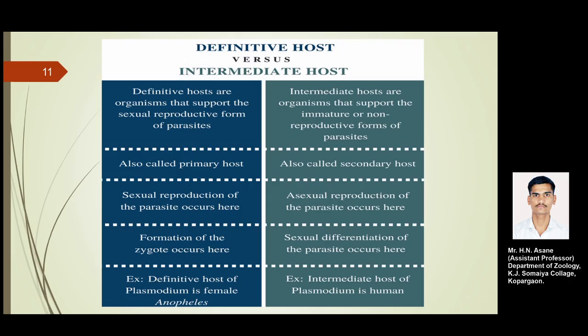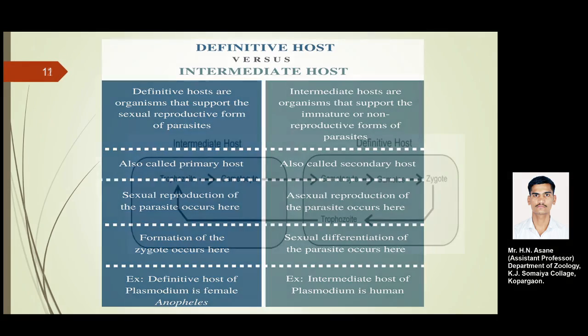As examples, for Plasmodium the definitive host is the female Anopheles mosquito, which harbors the parasites, and the intermediate host of Plasmodium vivax is human. These are some differential measures of the definitive host and the intermediate host.